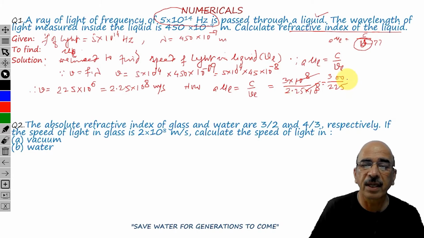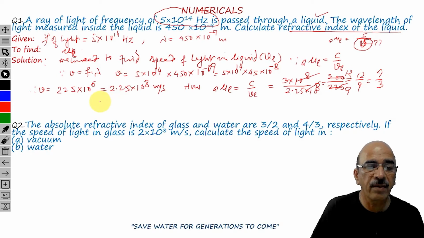Okay, now it can be divided. So 25 3s are 75, and here 25 9s are 225. Okay, yes, so it will be 12 upon 9, and 12 upon 9 means कितना होगा ये, 4 upon 3.